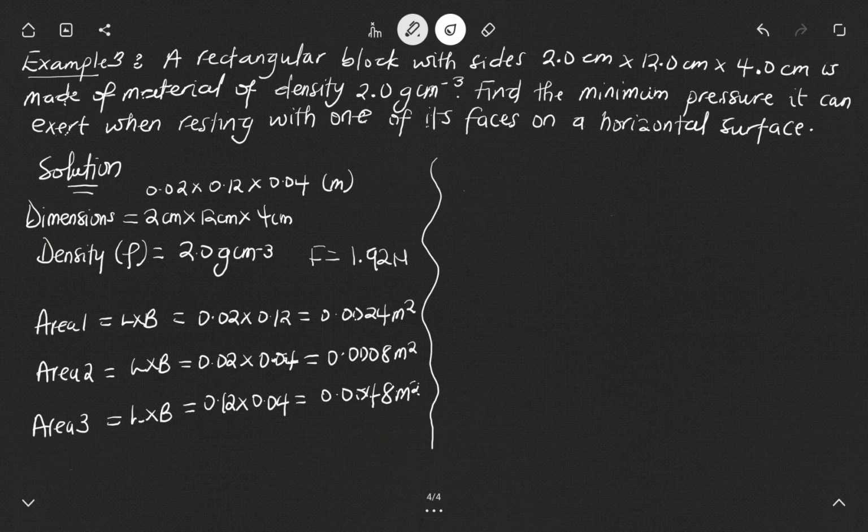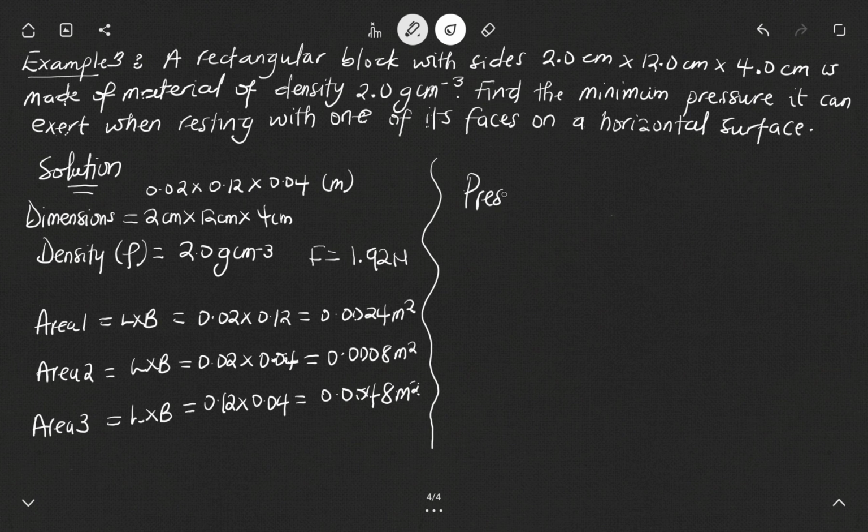But some students will just go ahead and make the deduction that because pressure is inversely proportional to the area, the highest surface area will give us the least pressure, and hence area 3, which has the highest surface area, will give us the minimum pressure, and then they will just do that calculation straight. But let's go ahead and see that for ourselves.